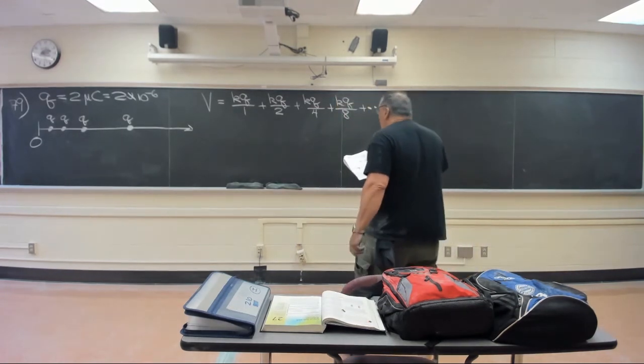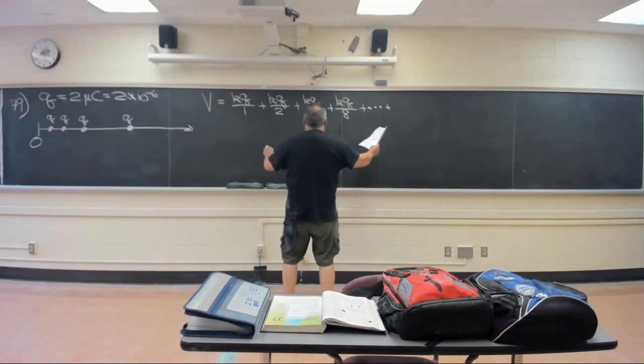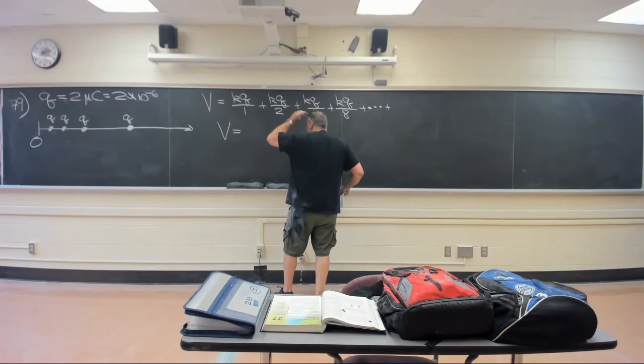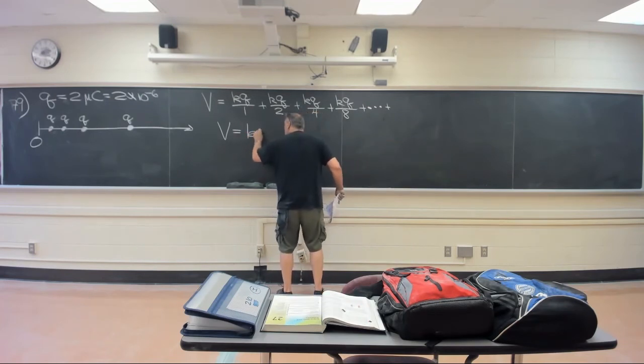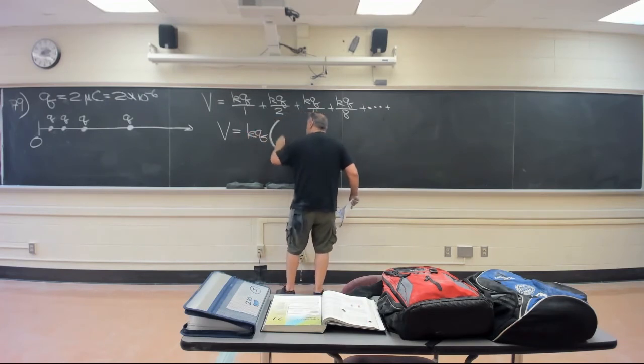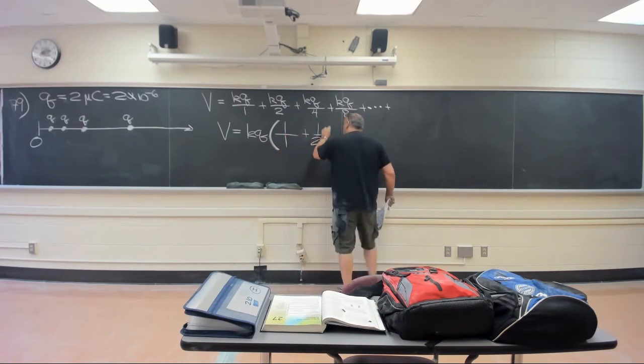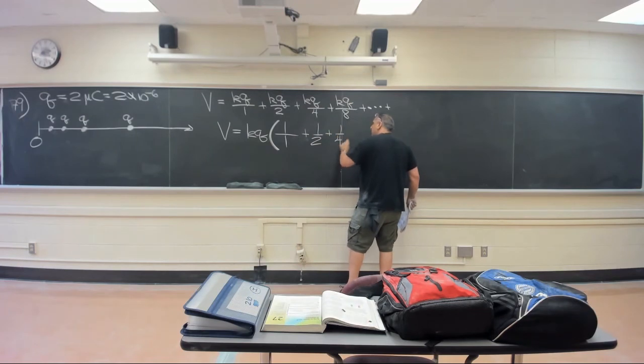What's going on here? Well, I don't know. There's got to be an easy way to look at this. How about 1 over 1 plus 1 over 2? Just factor the KQ out of there.